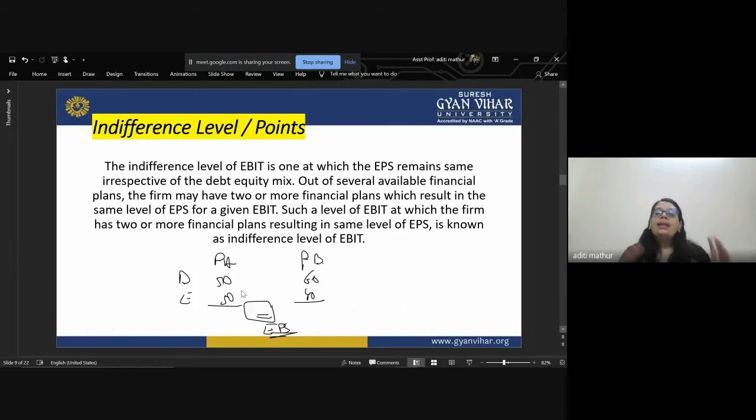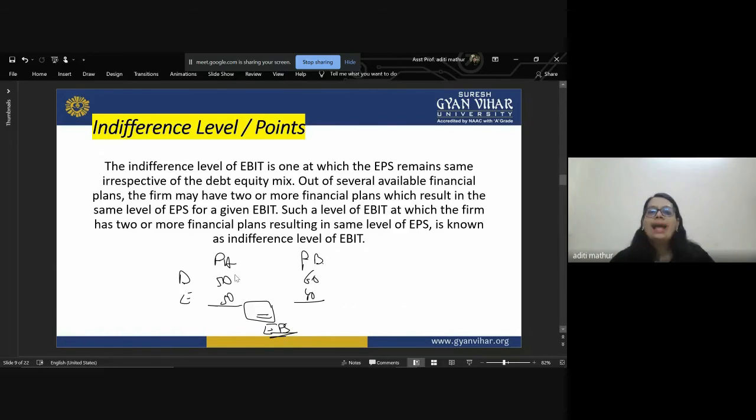That means either you have plan A or you have plan B, your EPS will be the same, right? Out of several available financial plans, a firm may have 2 or more financial plans which result in the same level of EPS for a given EBIT.